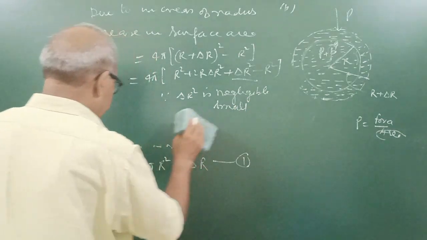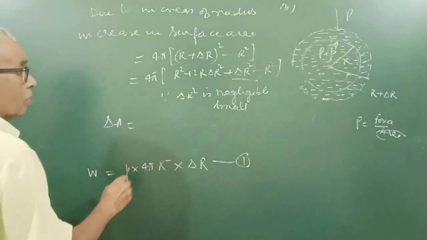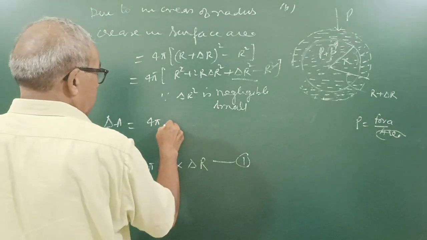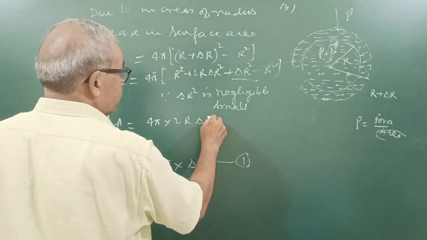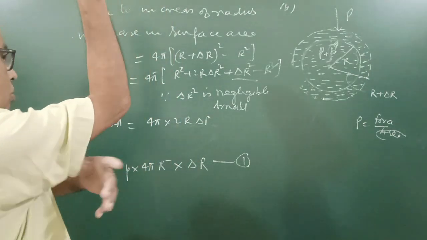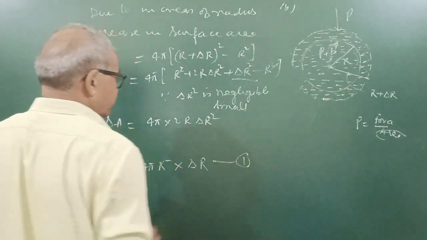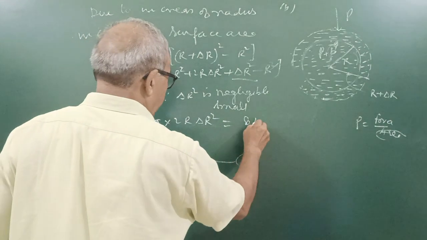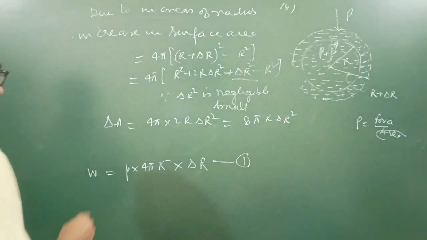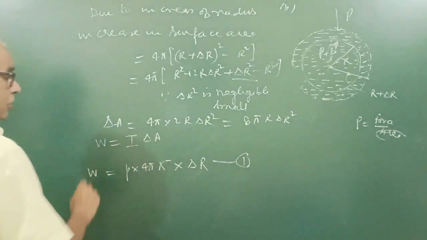So delta A equals, this cancels, only 4 pi into 2R delta R is left, that is 8 pi R delta R. Hence the work done is T into delta A, where T is the surface tension.